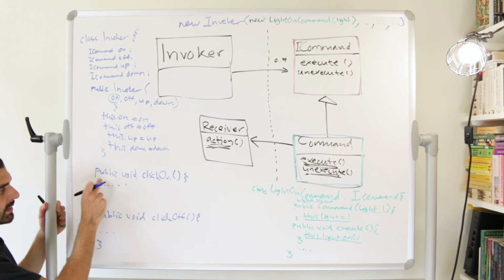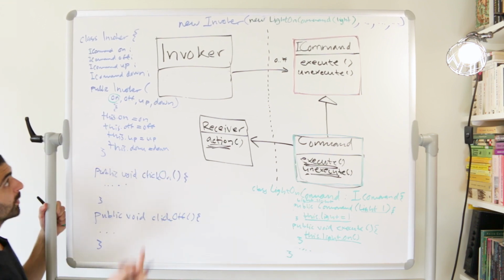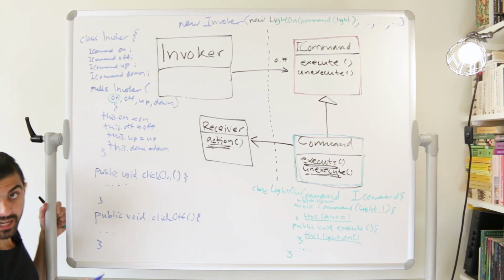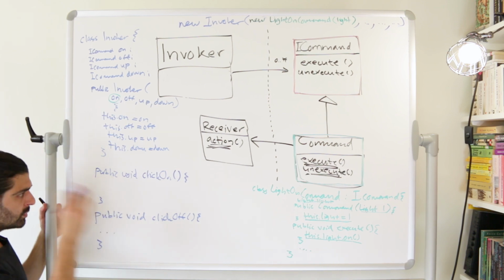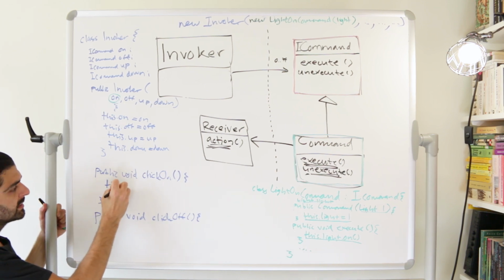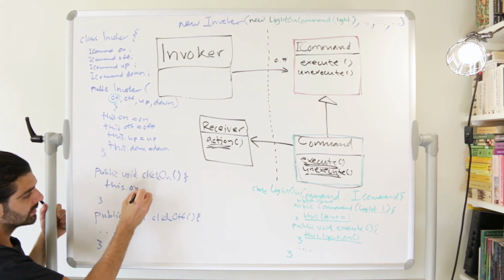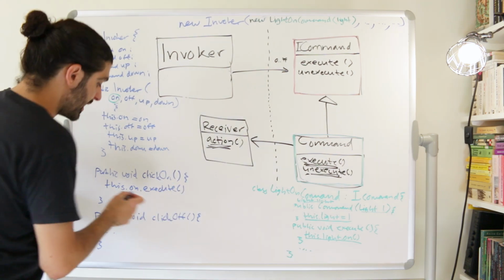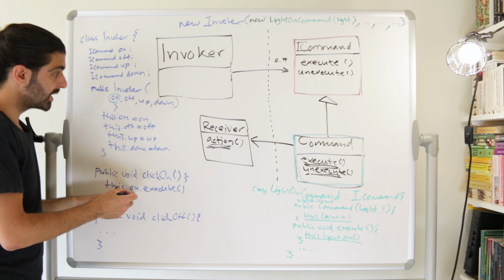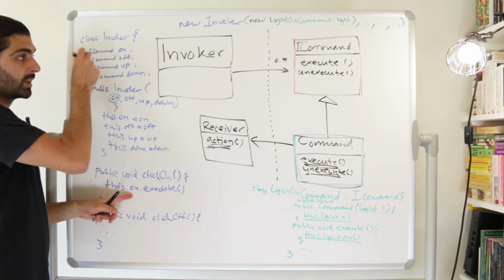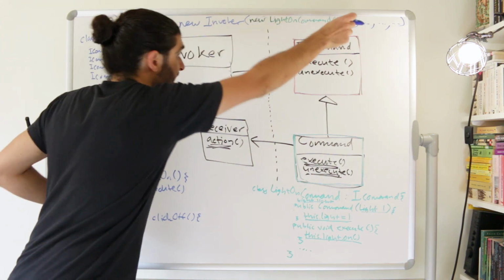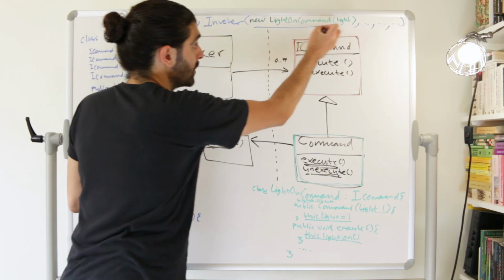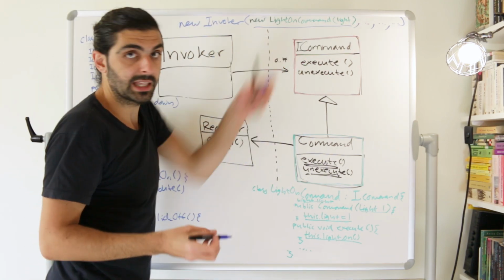And then what's the implementation here, and what's the implementation here, and so on. Because now we just created the two methods click on and click off, but we also need to have click up and click down. But click on, super simple, would essentially just say this.on.execute. In other words, in this instance variable on, we have stored a command. In our example here, we happen to store the new light on command, which is passed the light.